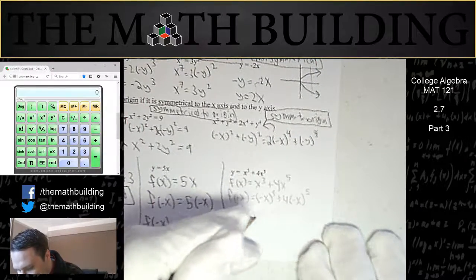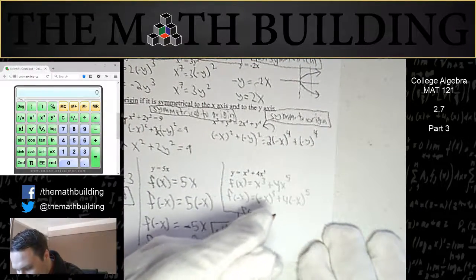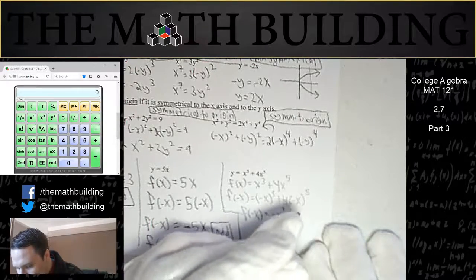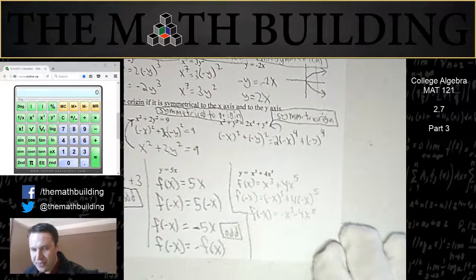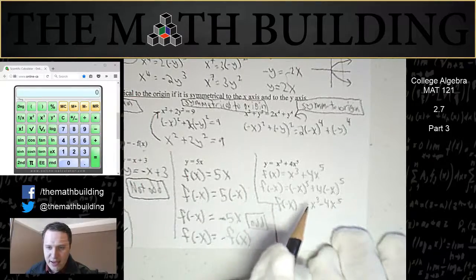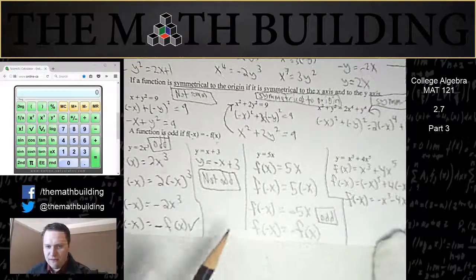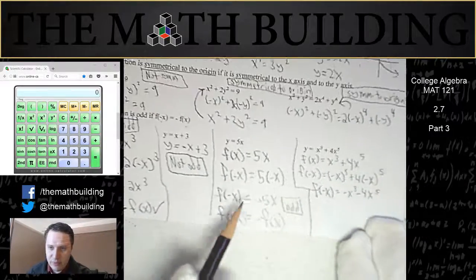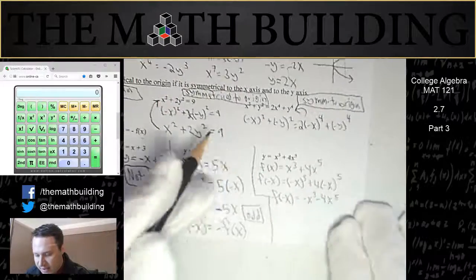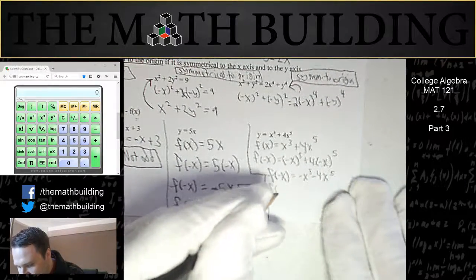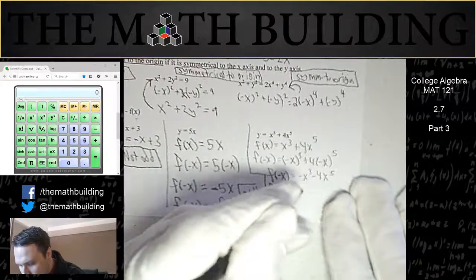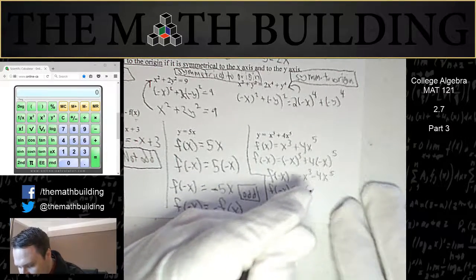So we get f of negative x is equal to negative x to the 3 minus 4x to the 5. And do you notice how this time I have a negative in front of both of them? This one failed because I didn't have a negative in front of both of them. But this one does have a negative in front. So look what I can do. I can factor out that negative, which will change both of the signs.